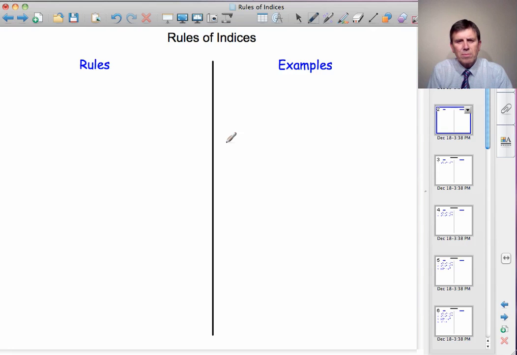So let's begin. Let's first begin by considering y squared multiplied by y cubed. What does that actually mean? Well, y squared is y times y, and y cubed means y times y times y.